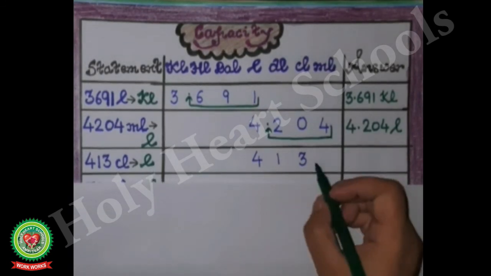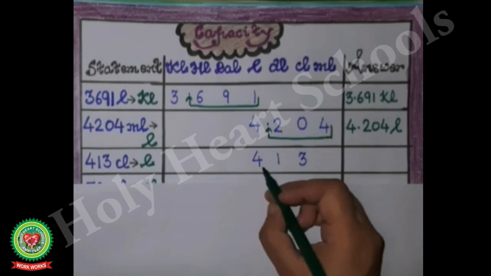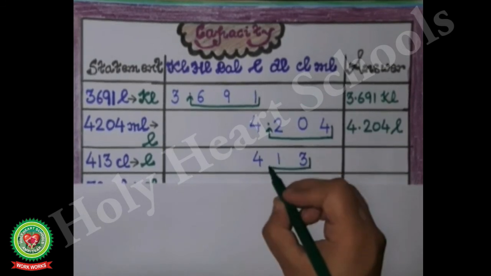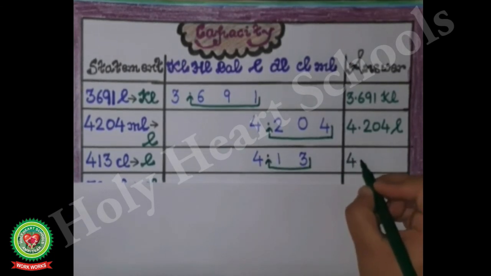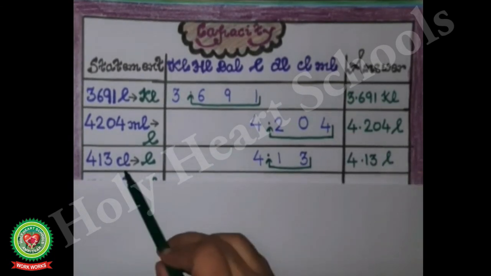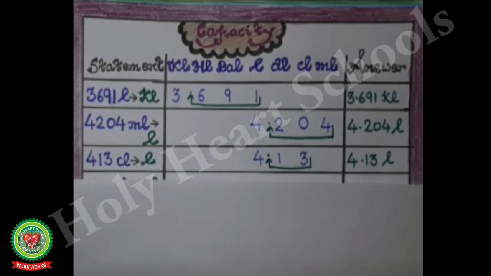So that means we will move from centiliter towards liter. So in the next column of liter, here the decimal will come. Now let's write down the answer. Your answer will come in liters. The statement was given in centiliters and we have converted the statement into liters.